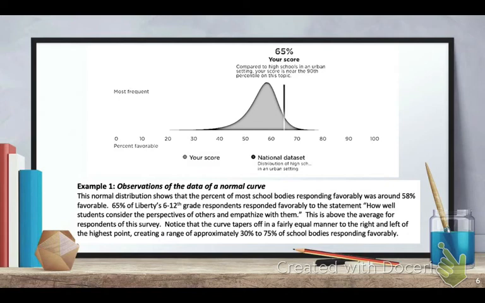This is above the average for respondents on the survey, and you can see that looking at the graph. Notice that the curve tapers off in a fairly equal manner to the right and to the left. That's what we talk about being symmetrical of the highest point. And it's creating a range of approximately 30% to 75% of school bodies responding favorably.